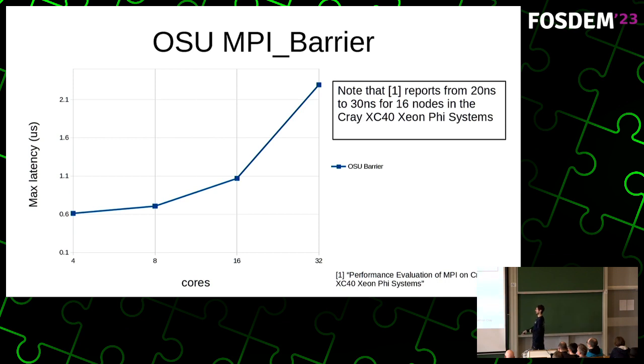And then I found this paper, which was also using this benchmark to measure their platform, and they were reporting around 20 and 30 nanoseconds. Sorry, I made a mistake, this is microseconds, not nanoseconds. In any case, I would be very cautious about this graph because I was getting a lot of variation in the numbers.